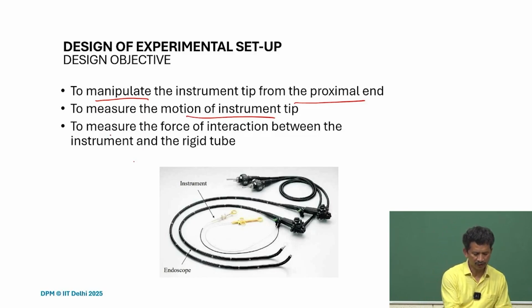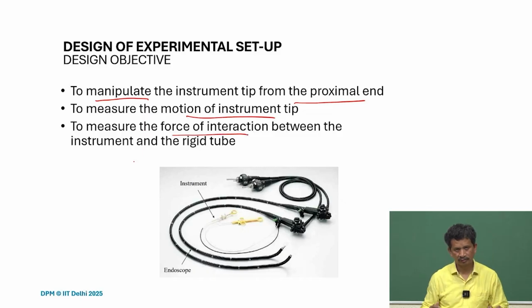And in between, the instrument interacts with the tissues, with the endoscope, with the access channel that has been provided in these kinds of platforms. So what is the force of interaction? Can we measure that? So we want to measure the forces as well.